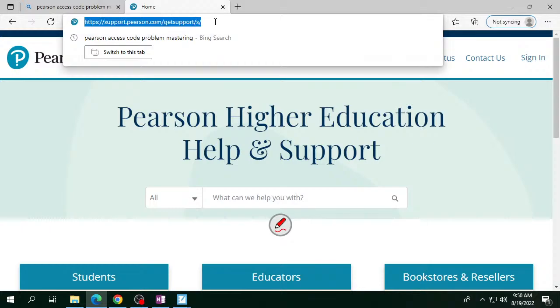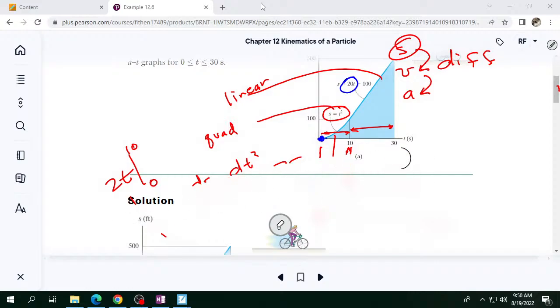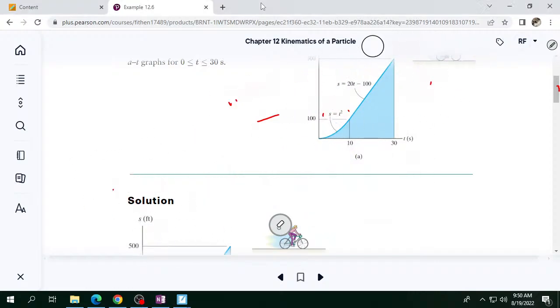Let me put this in the Blackboard thing, although I think it's already there. I think there's a way you can get rid of everything all at once, but I don't know how to do it.